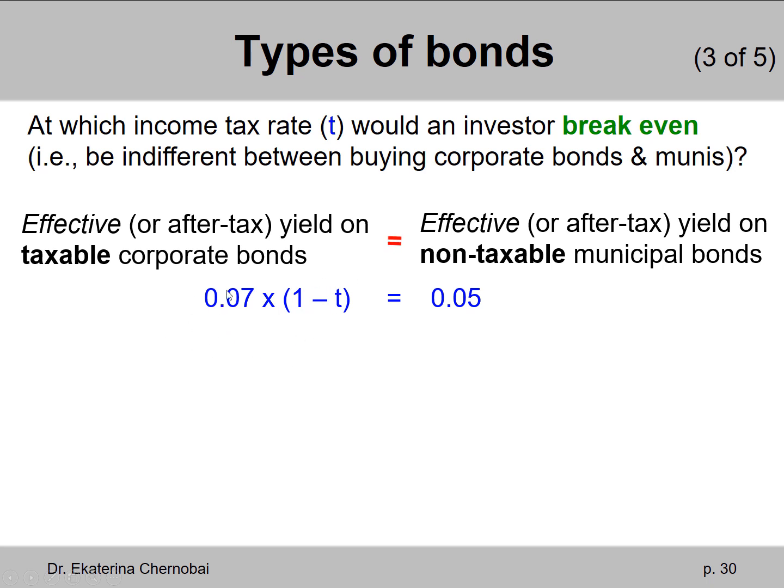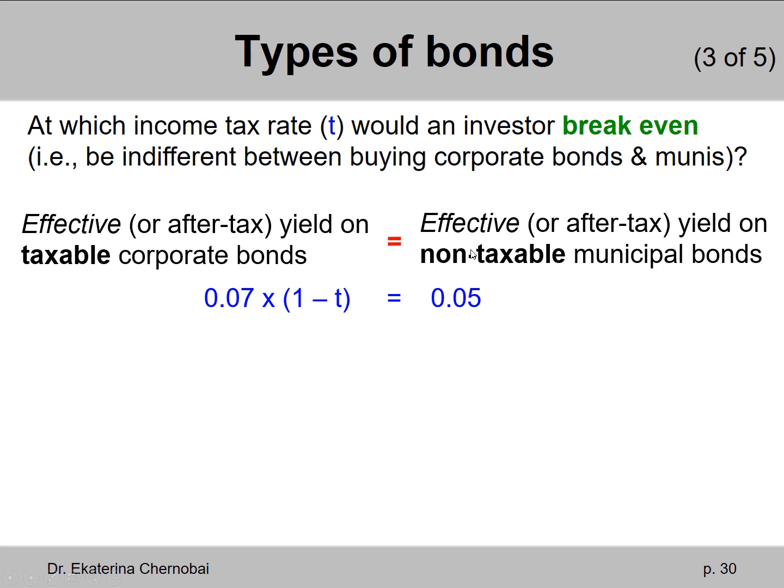So the after-tax yield on the corporate bonds with the 7% yield that was given would be equal to 7% multiplied by (1 minus some tax rate), and that needs to equal 5%, which is given for the municipal bonds. So we are asked essentially to calculate the tax rate that would make both sides equal to 5%, right?